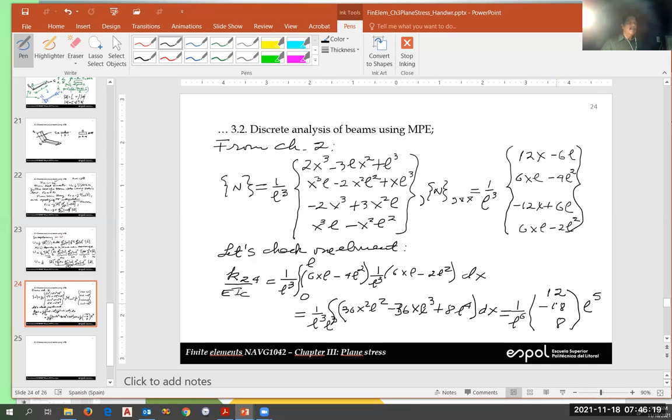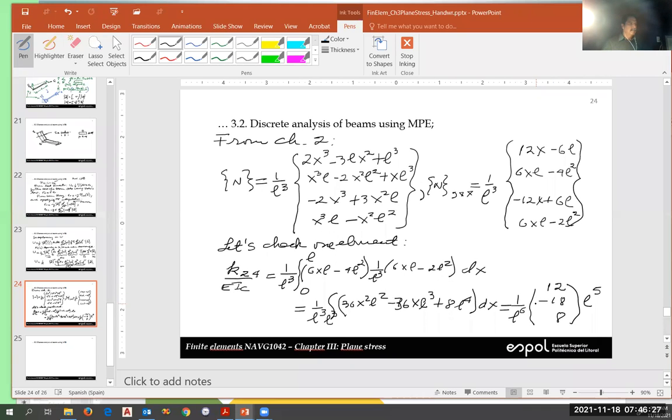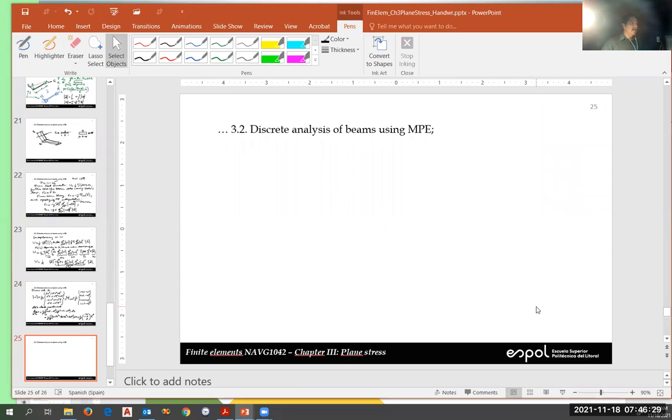So the result of all of this is 20 minus 18, that's 2, so 2 over L. K24 is equal to EI sub C divided by L times 2, I think.